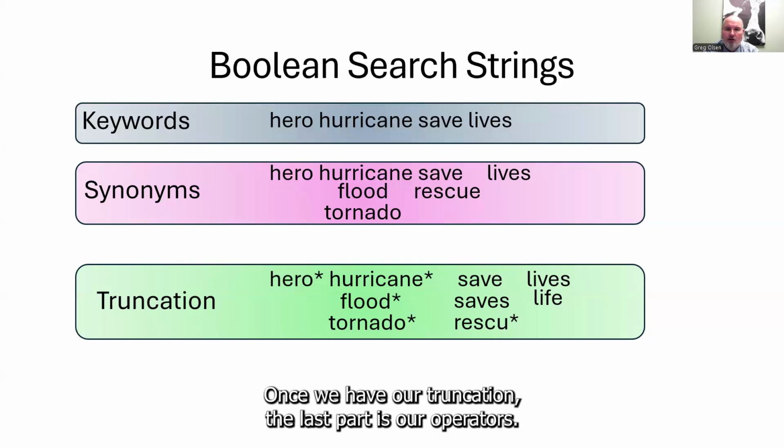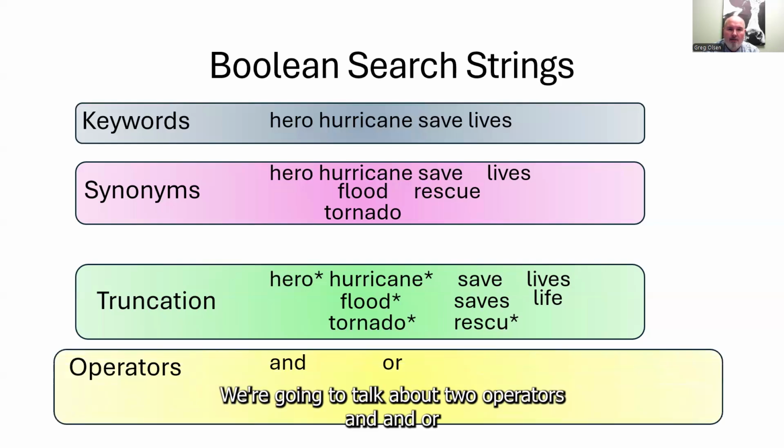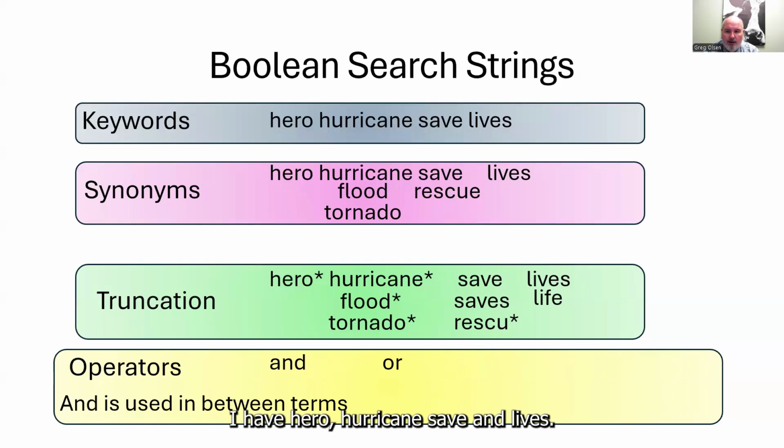Once we have our truncation, the last part is our operators. We're going to talk about two operators, AND and OR. AND is going to be used in between our terms. So here I have four terms: hero, hurricane, save, and lives. And the synonyms are going to fall under those terms.